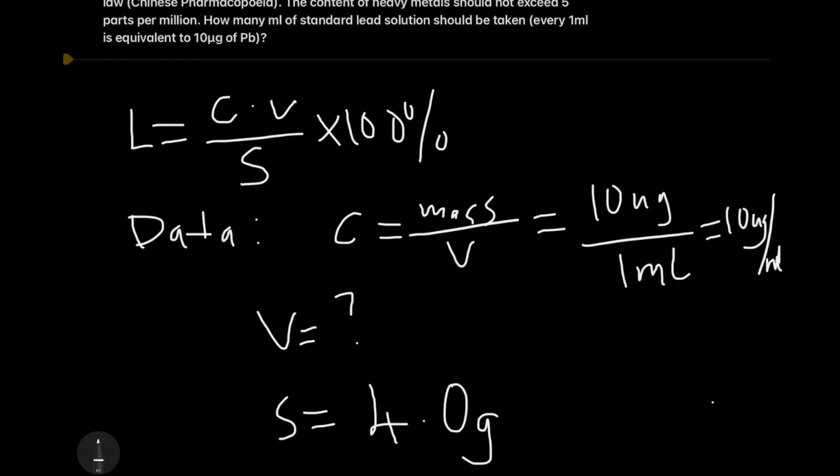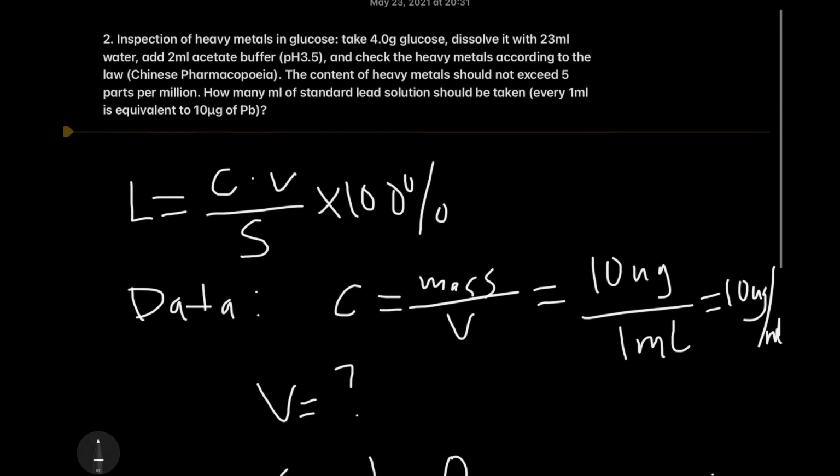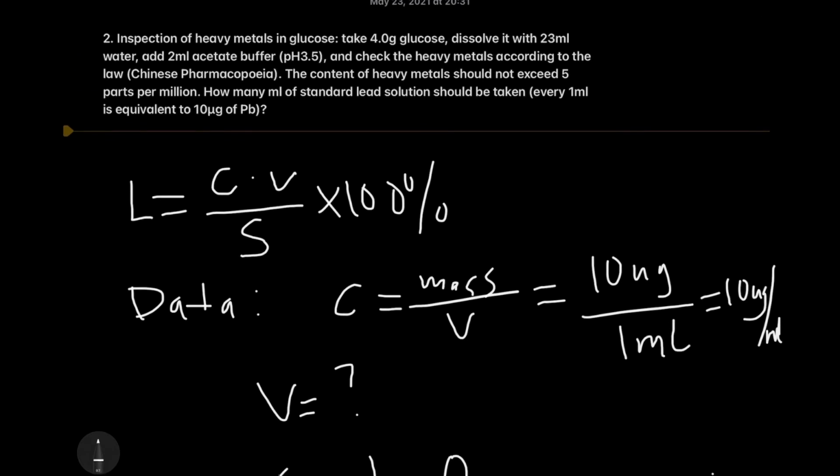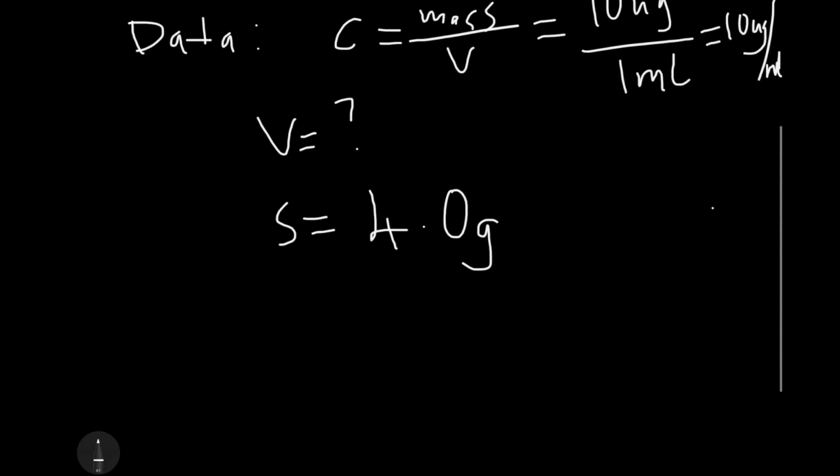So we have our values, and they're also saying the content of heavy metals should not exceed 5 parts per million. We said our limit is expressed in percentages and in parts per million. So now they've given us the value for the limit. The limit is equivalent to 5 per million.